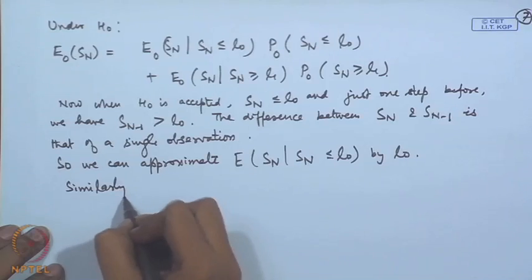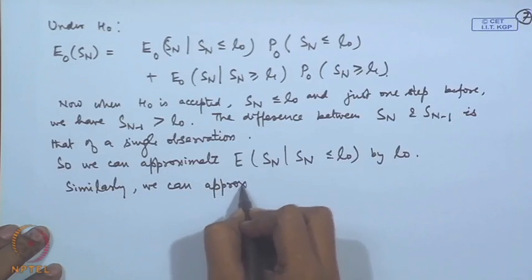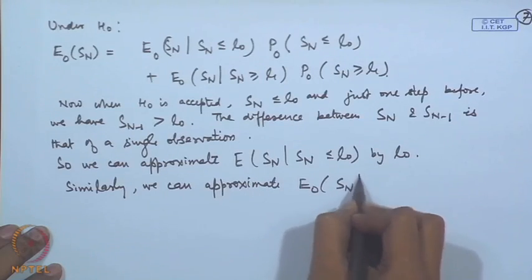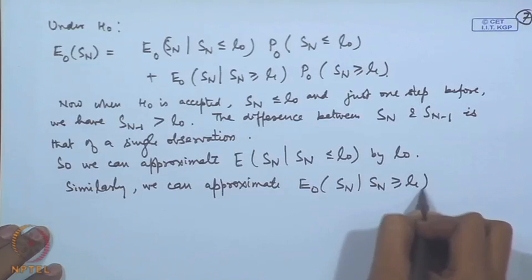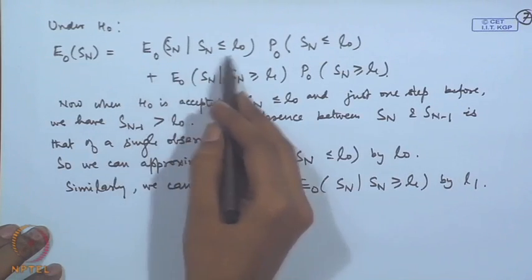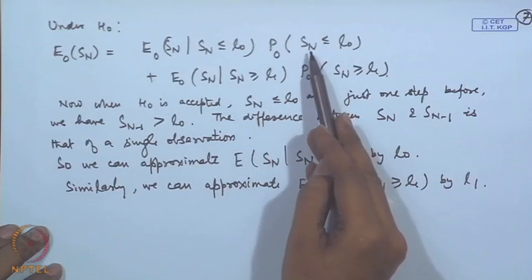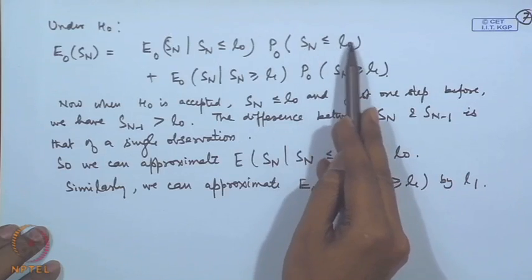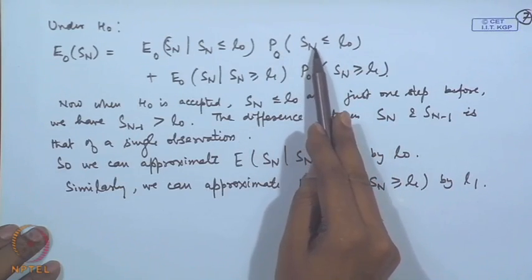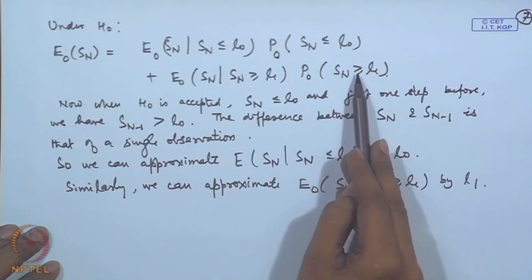Similarly, we can approximate expectation of S n given S n greater than or equal to L 1 by L 1. So, we are putting the values of this as L naught and this as L 1, and this is the probability of accepting when it is true, that means it is 1 minus alpha naught, and this is the probability of rejecting when it is true, that is alpha naught.